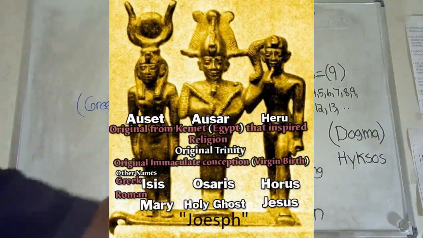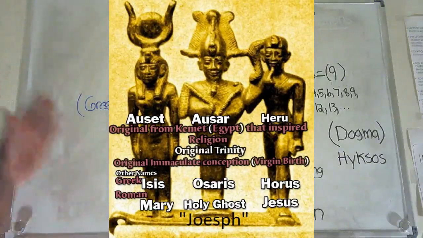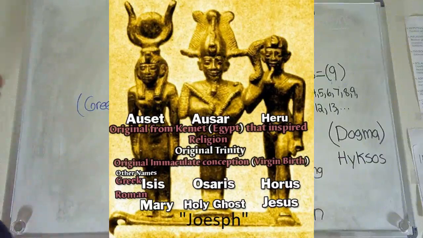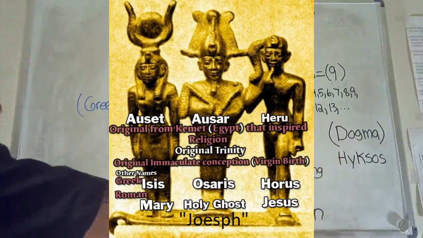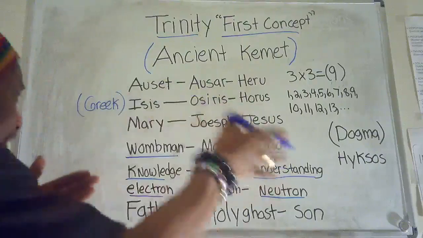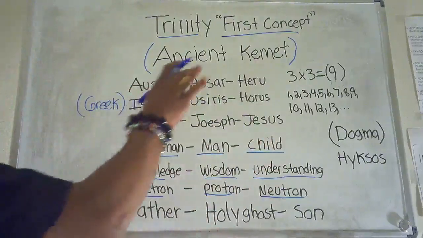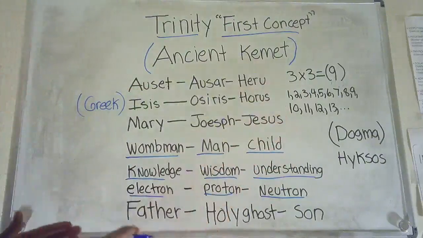Aset, Osiris, and Horus. Auset was the mother, Ausar was the father, and Heru was the son. So Auset, Ausar, Heru, that was the original Trinity, with Aset, Osiris, and Horus in Greek.